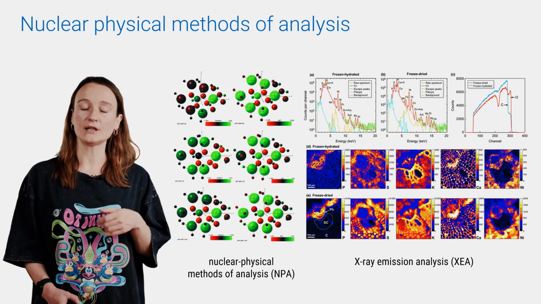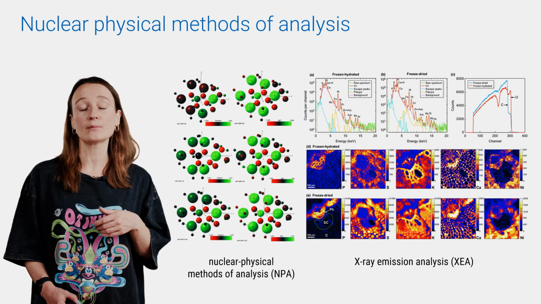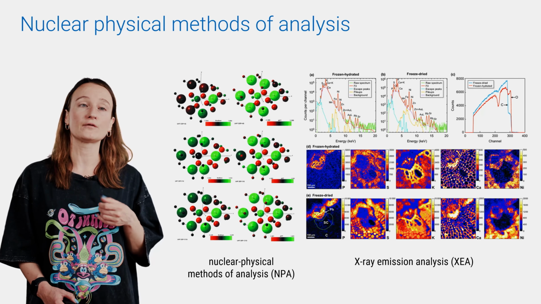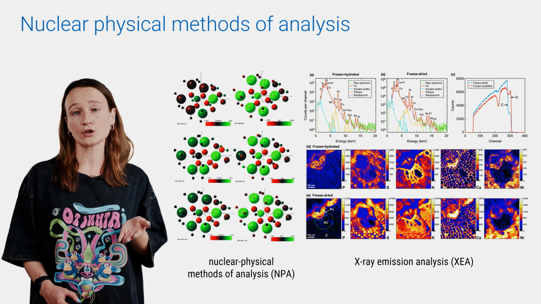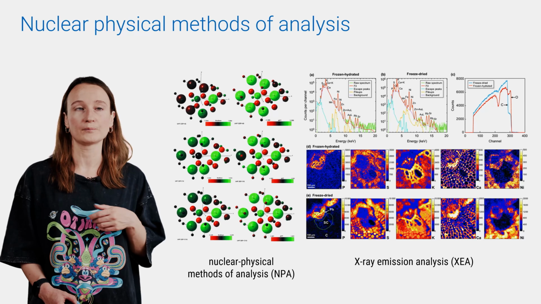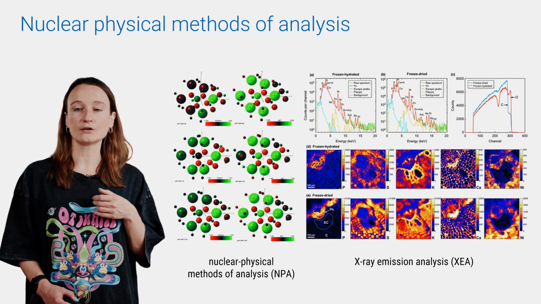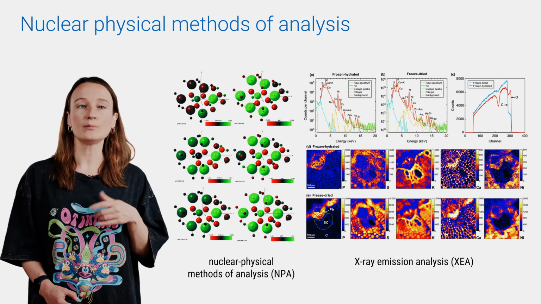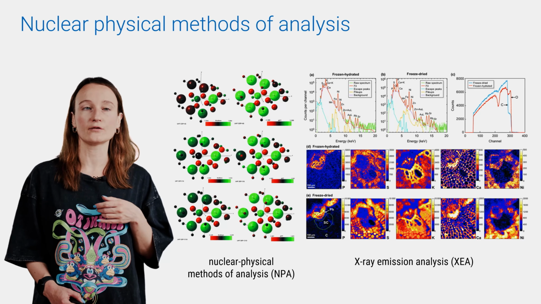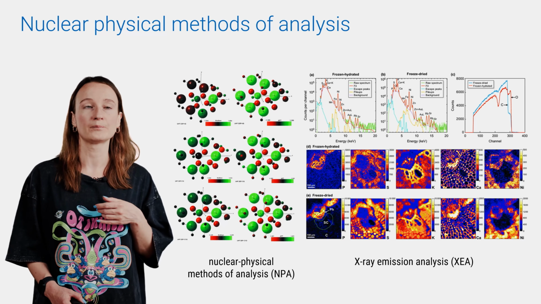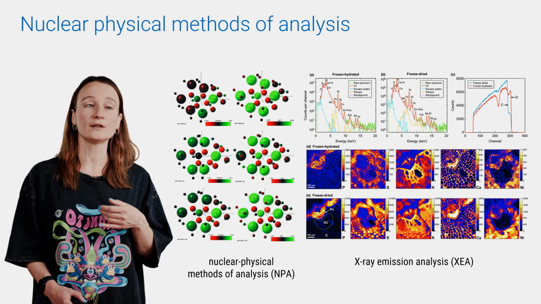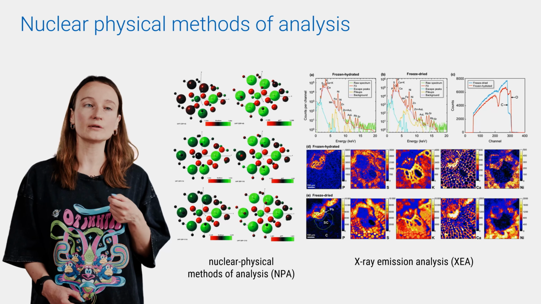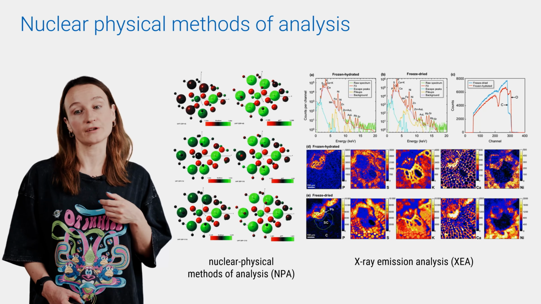In general, nuclear physics methods of analysis are based on irradiation of the studied samples with a flow of exciting radiation, neutrons, charged particles, and gamma quanta, and then recording the secondary radiation of the sample atoms. NPA belongs to the class of methods of elemental analysis of matter, the result of which is a quantitative determination of the content of the desired elements in the sample regardless of its chemical bonds.